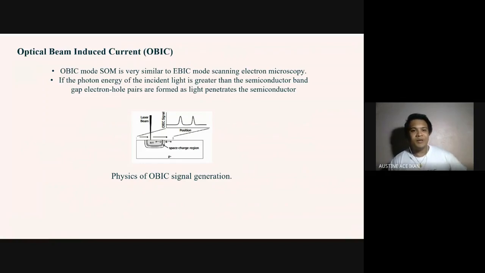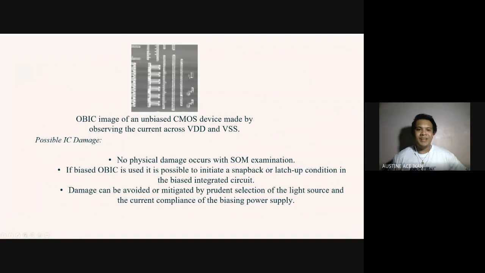OBIC mode SOM is very similar to EBIC mode scanning electron microscopy, like what I said earlier. If the photon energy of the incident light is greater than the semiconductor band gap, electron hole pairs are formed as light penetrates the semiconductor. So here is the physics of OBIC signal generation in the figure.